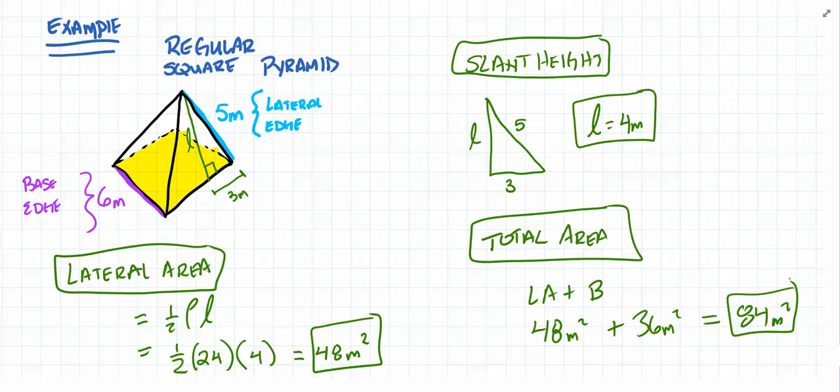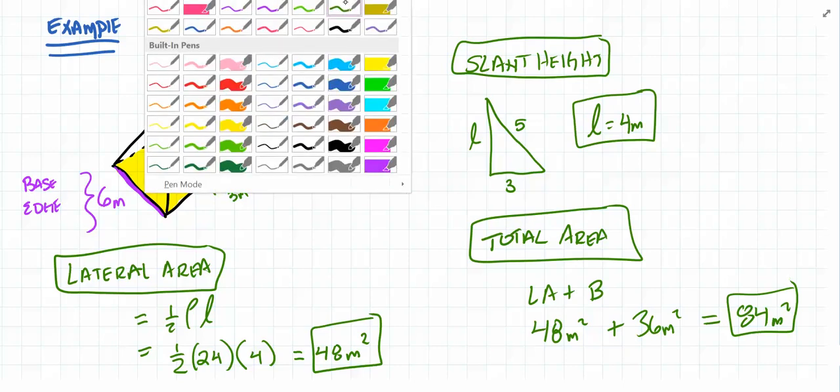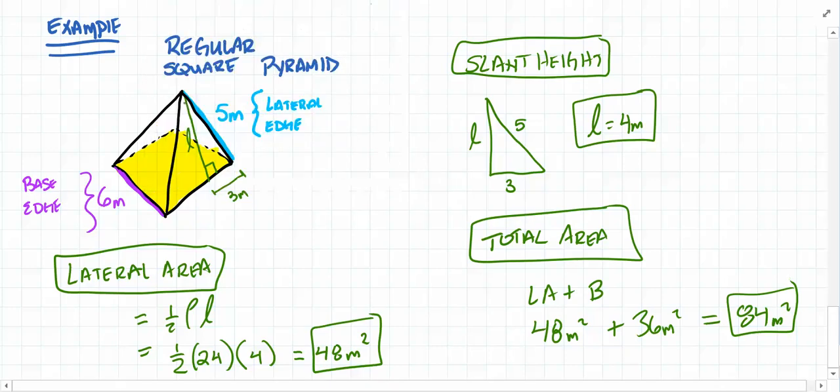Draw the altitude from the vertex straight down to the center of the base, and then connect it to your slant height. Do you see it? So the right angle is made right there. We know that the slant height was 4, and we now know that this is 3.